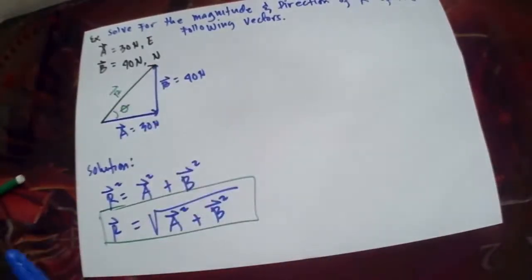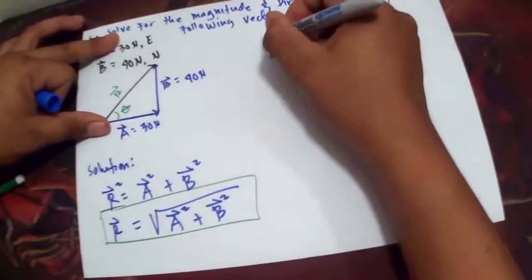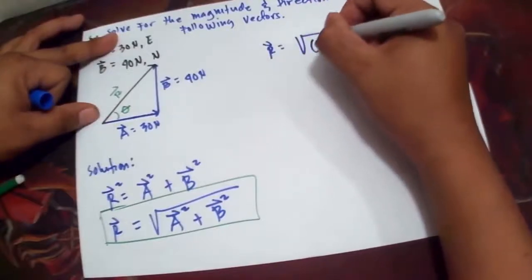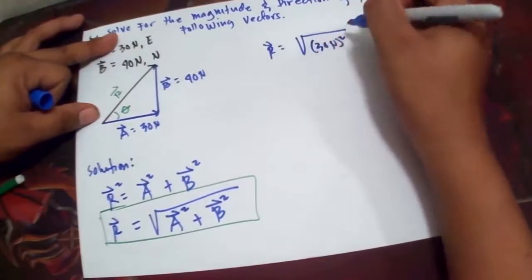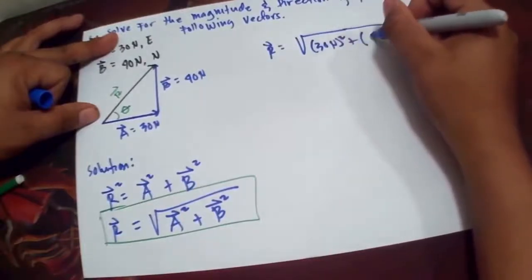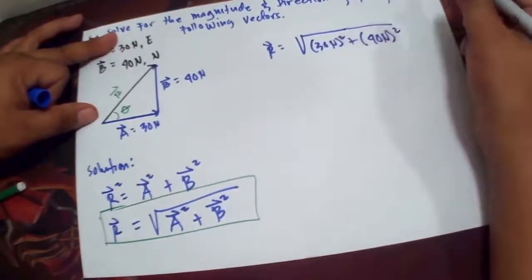The next one is to substitute all the given values here. Resultant vector is equals to square root of, for vector A, that's 30 newtons square, plus for vector B, that's 40 newtons square.